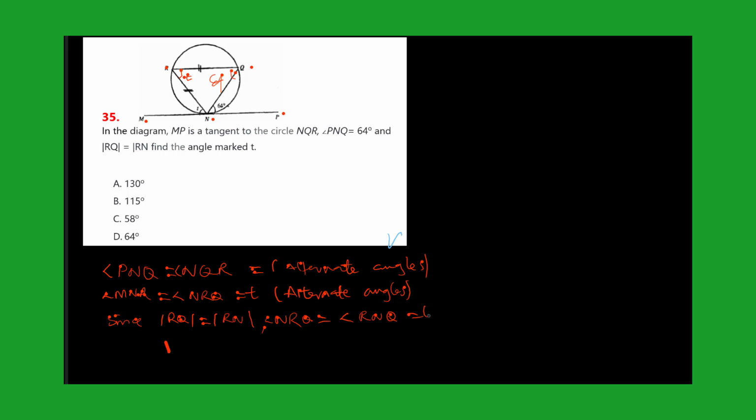Then that equals T. Since these two lines are equal, it means angle NRQ, that is this T, equals angle RNQ, meaning that here it's also T.